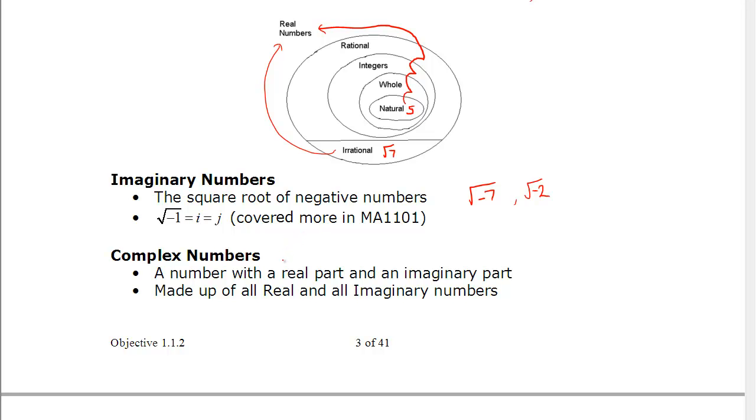And the set of numbers that takes all of the real numbers and all of the imaginary numbers and puts them together into one big group is called complex numbers. So that's any number that has a real part and an imaginary part. It's all real and all imaginary numbers, including, let's say, the number 2. 2 is a complex number because it has a real part, which is the 2, and it has an imaginary part.